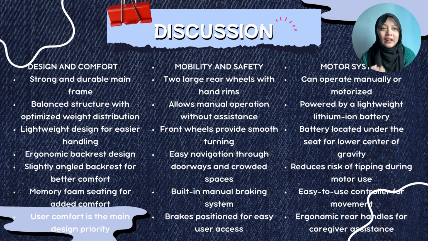This will help with safety also, because if you have a lower center of gravity, the wheelchair will most likely not fall or slip. Other than that, it's easy to use because it has a very simple controller right in the handle, so the user can use the controller to move around without needing any human assistance.